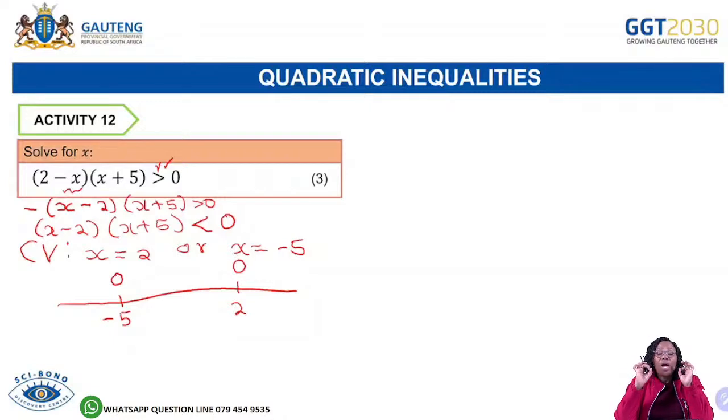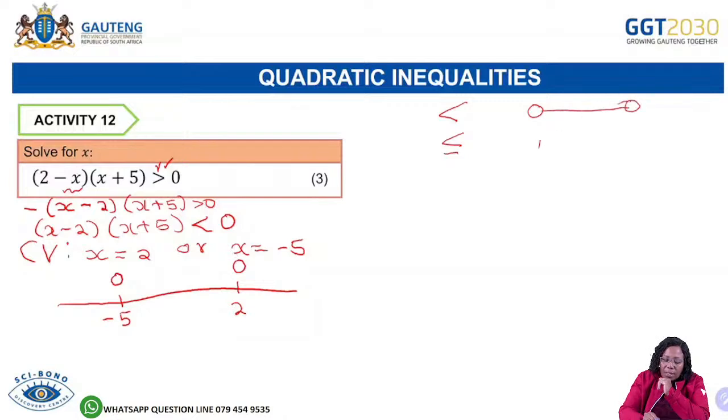Now we look at the inequality sign. If the inequality sign is less than, we are shading in. For inequality sign less than or less than and equal to, our shading will be in between, because we are less there.